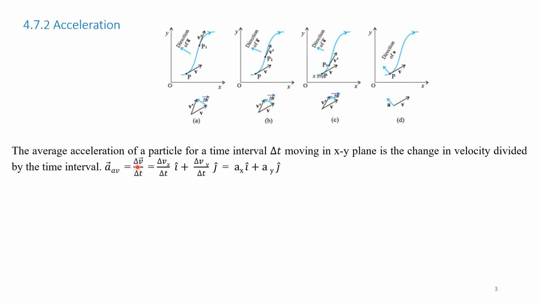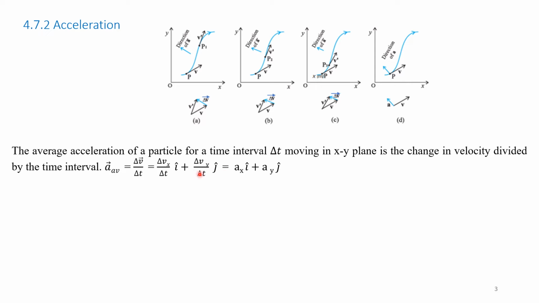That can be split into delta Vx divided by delta T into i plus delta Vy divided by delta T into j. That is, the change in velocity is split into two components, along the x-axis Vx and along the y-axis Vy.